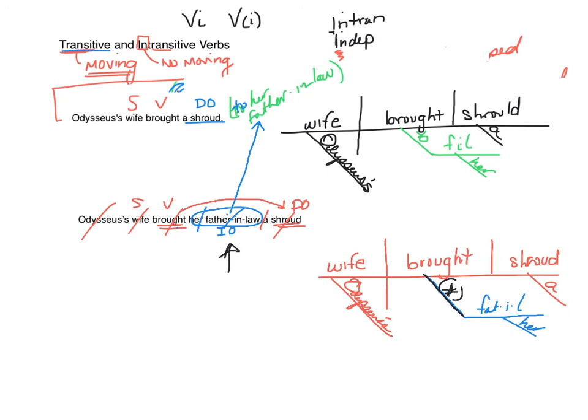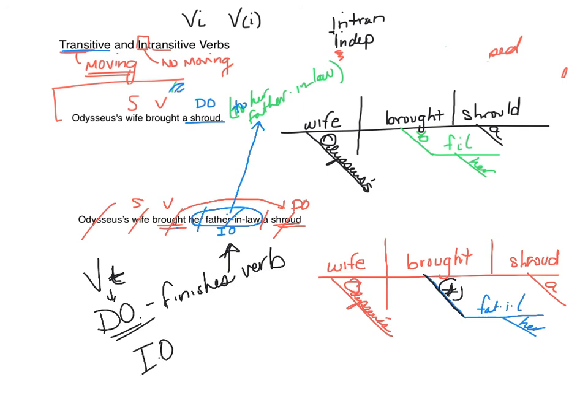So a direct object finishes the verb. You will always have a direct object if you have a transitive verb. If it's transitive, it needs to have a direct object. Indirect objects are less common.